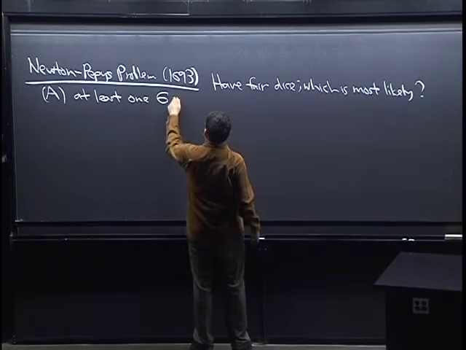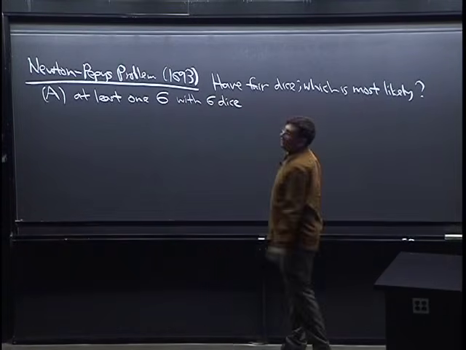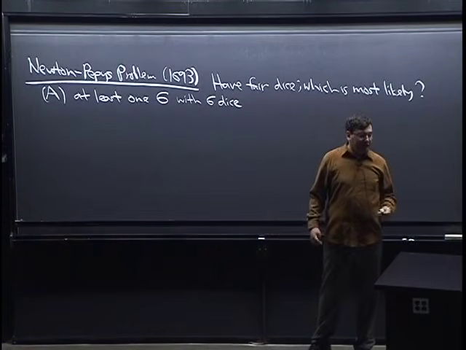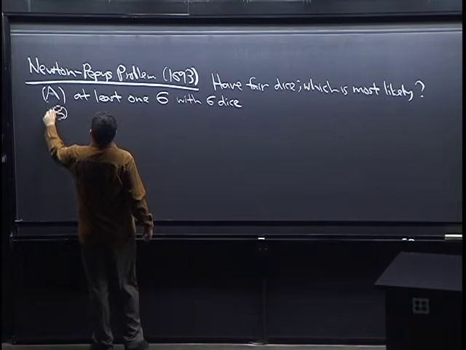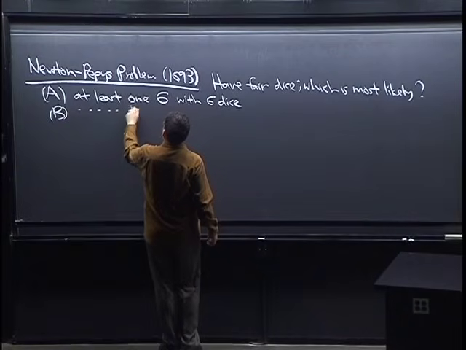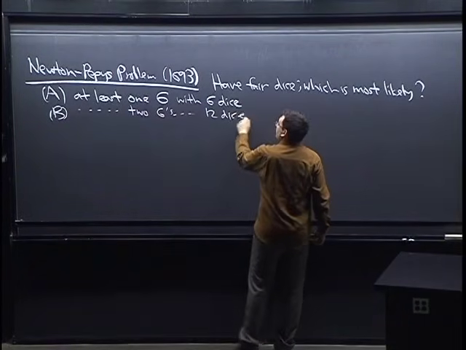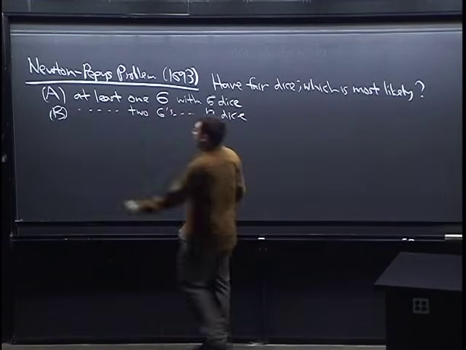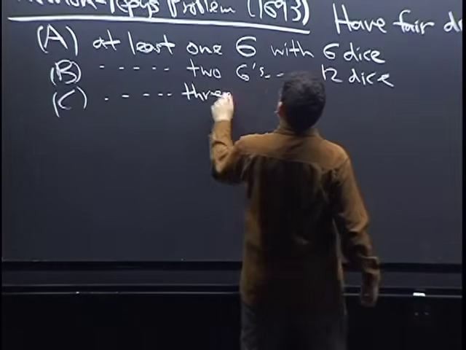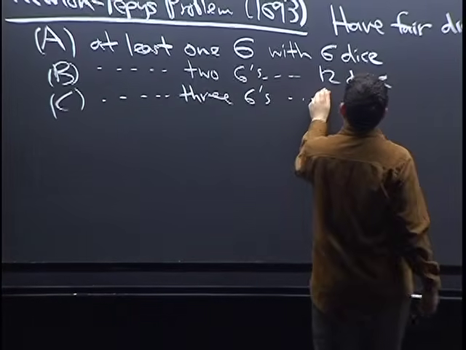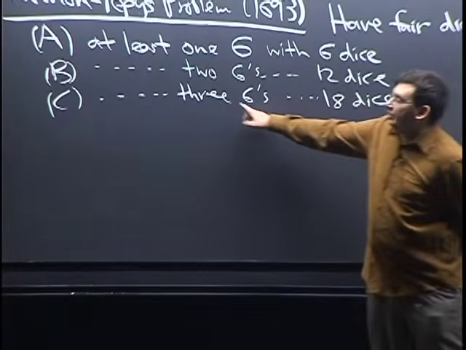So at least one 6 with 6 dice. That's the first possibility. The second possibility is at least two 6s with 12 dice. And the third possibility, you might guess, is at least three 6s with 18 dice. So you roll 18 dice, and you want to know, are there at least three 6s?